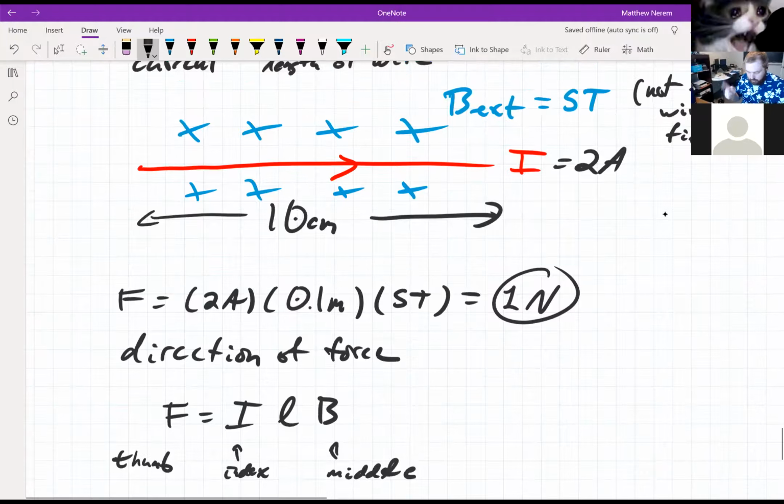So over this one, I've got current going to the right. Crosses are magnetic fields going into the page. There's my magnetic field. So this wire would feel a force upwards.